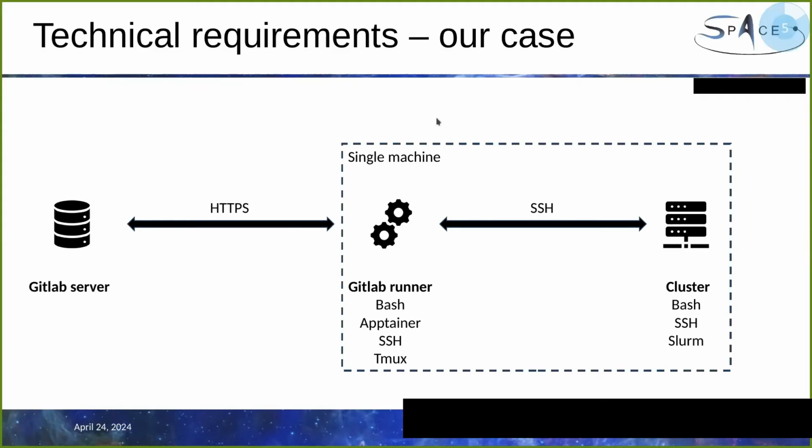So in our case, to make life a little bit easier, we're running these 2 things on the same system, so the GitLab runner is actually running on the cluster. In that case, we don't need this additional SSH connection. So it's making our life a little bit easier.